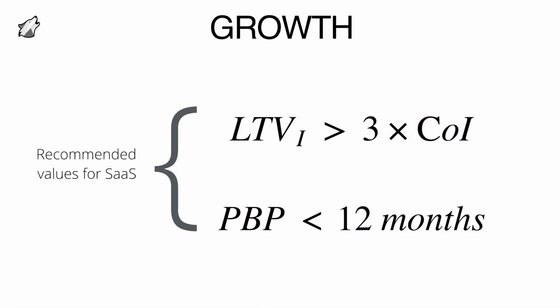And on the other side, you need to have a payback period which is less than 12 months. If this doesn't happen, it means that you're going to be spending so much money, and because you're not going to get the money back in less than 1 year, you'll get to a point where you run out of money, even before you reach the 3-year period. So you need to get both, and if you get both, usually 3 is an okay value.